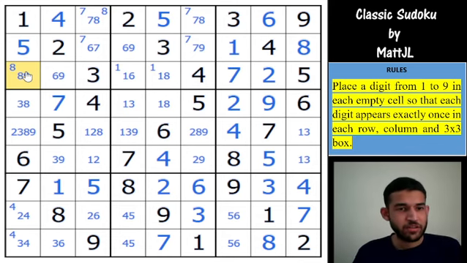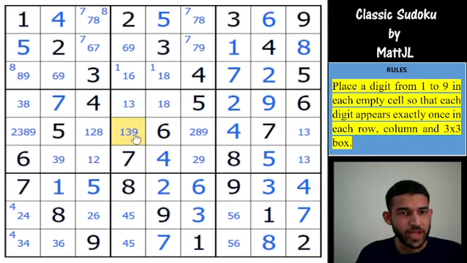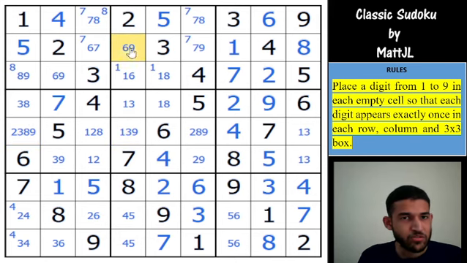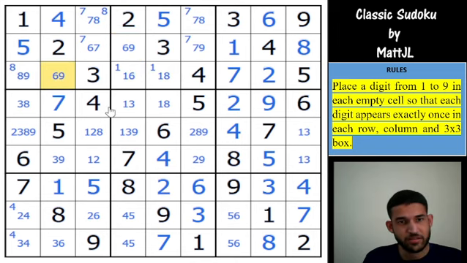Because if not, then for those columns, 9 will go into these two cells, and we don't want that, right? 9 would be occurring 2 times in row 5. That should not happen. So 9 must be present at least once in these cells, and unfortunately that is not helping us to eliminate anything.